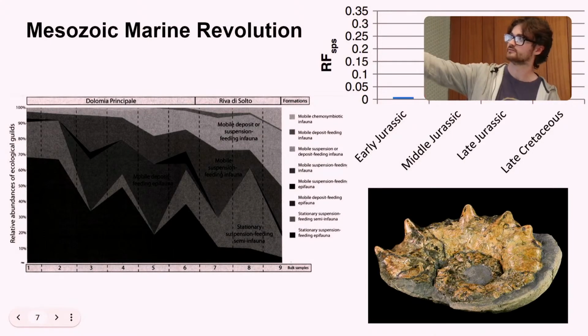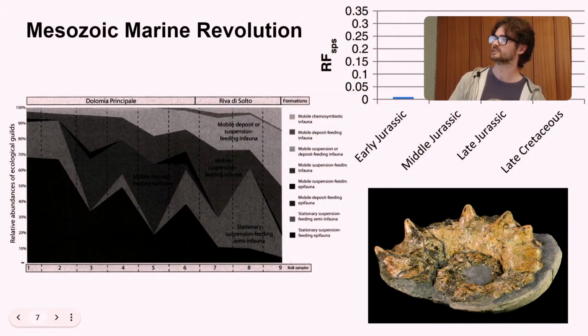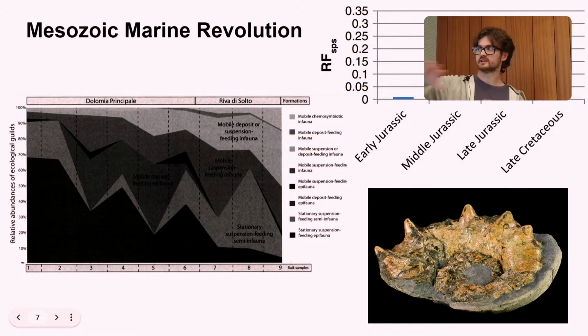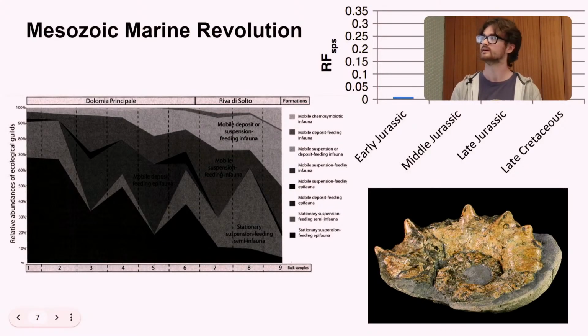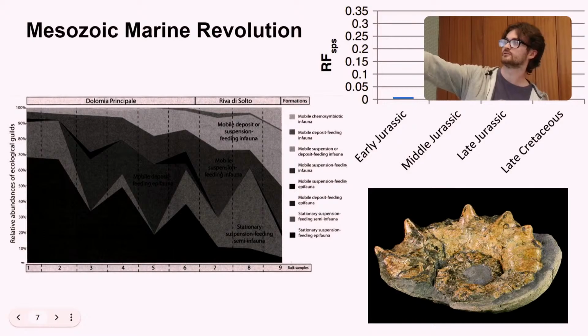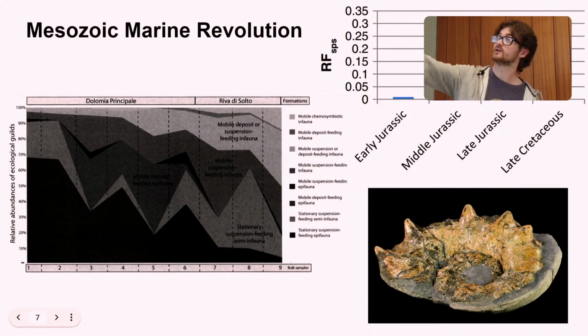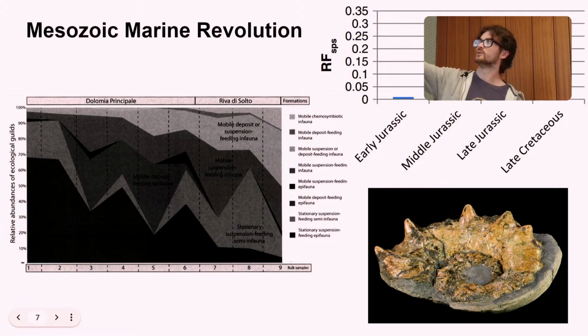On the far chart there, it's a bit dark, but the black band at the bottom represents stationary suspension feeding epifauna, meaning animals living on the seabed on top of it. And you can see that throughout the Triassic, they are really falling off in diversity, whereas all these mobile infauna, meaning animals that can move and live inside the sediment, are increasing in diversity.